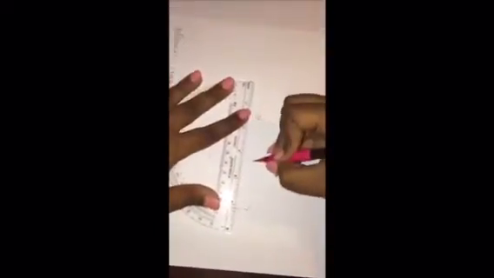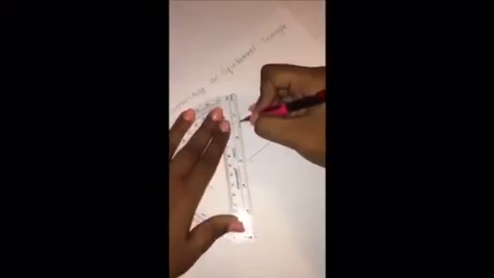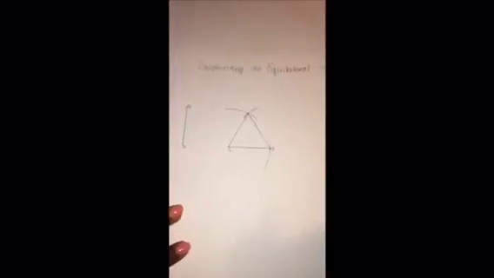And we're going to draw another arc from point D to the first arc, so they can bisect. Then we're going to take our straight edge, and we're going to draw a line from point C to D, and then from D to the bisecting arcs, or the crossing arcs, and then from the arcs to point C. And that's how you construct an equilateral triangle.